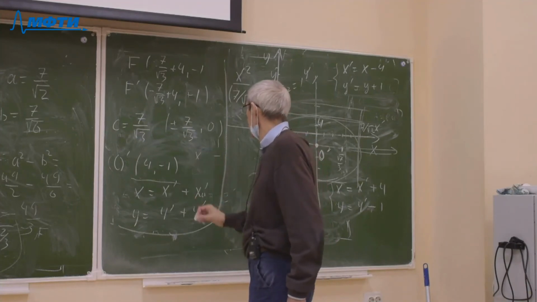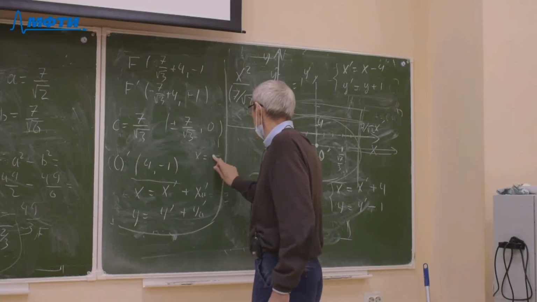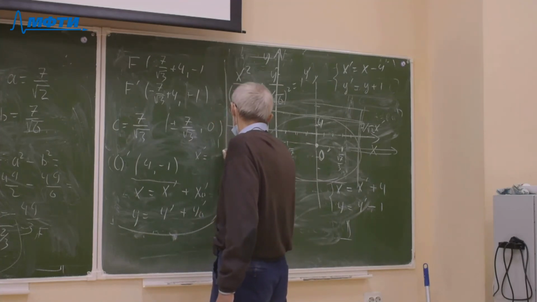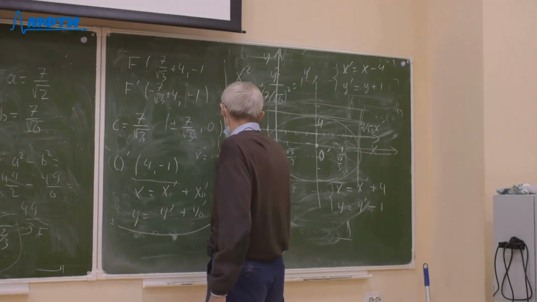The formula for the directrices is x prime equal to plus minus a over e.